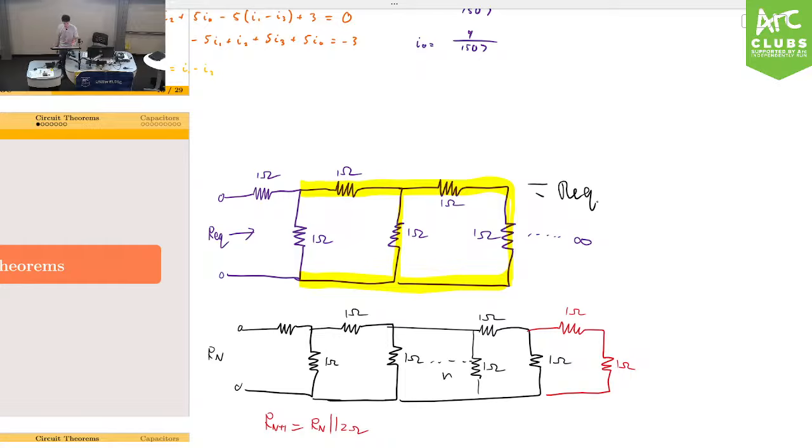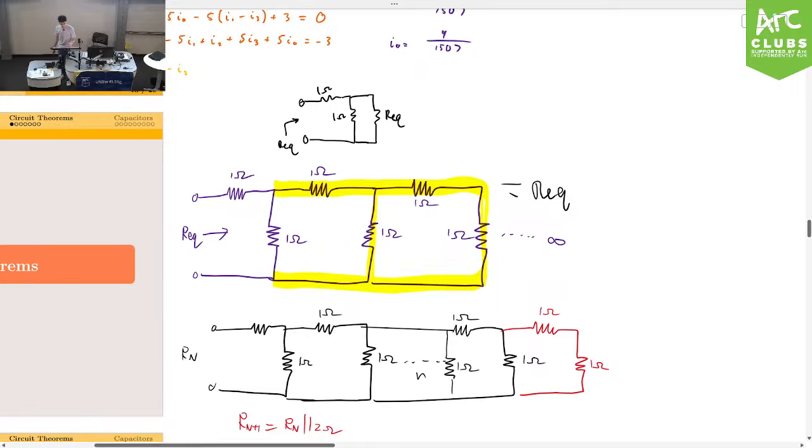So really, I could rewrite this circuit like this. I think Jerry's way is exactly the same, but this one has a bit less notation to it. This is 1 ohm, this is 1 ohm, in parallel with a resistor which is REQ. So it refers to itself.